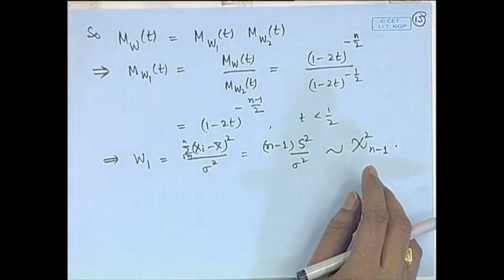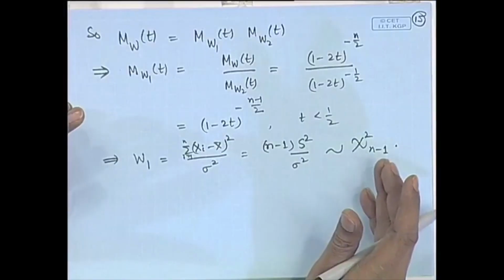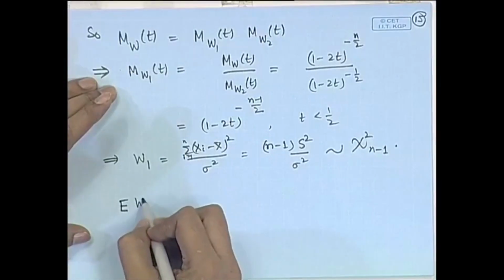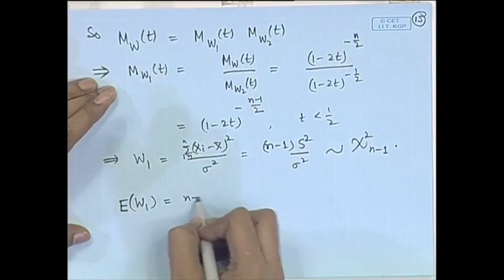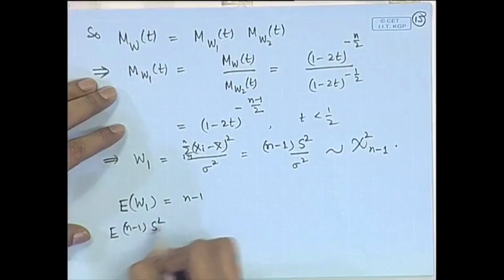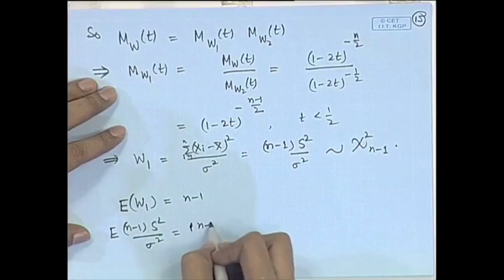So, we have established here chi-square as a sampling distribution, and in particular if we are interested to make certain statements about s square, then we can answer that. For example, if we look at the expectation of w 1, then it is equal to n minus 1. So, the expectation of (n minus 1) s square by sigma square is equal to n minus 1.